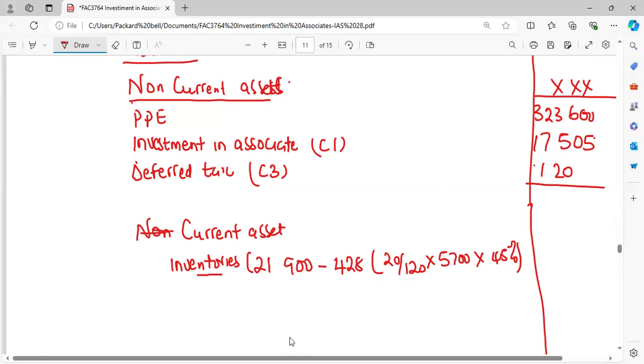Under current assets, you are only going to adjust the inventory there. Then you have your total assets here.